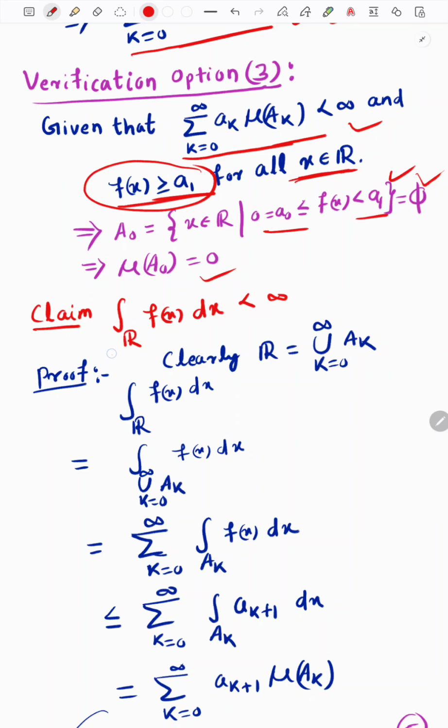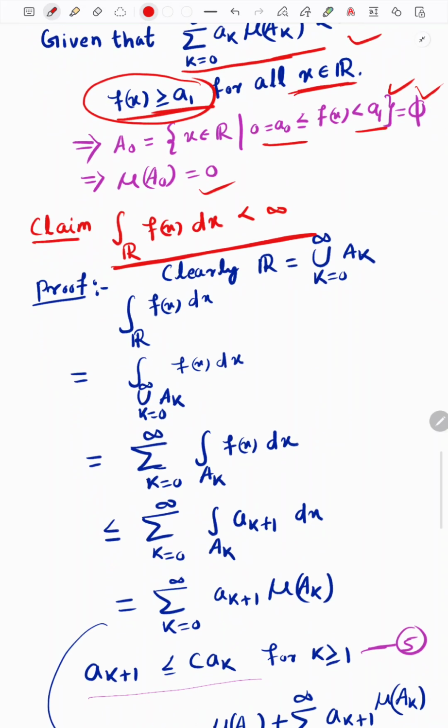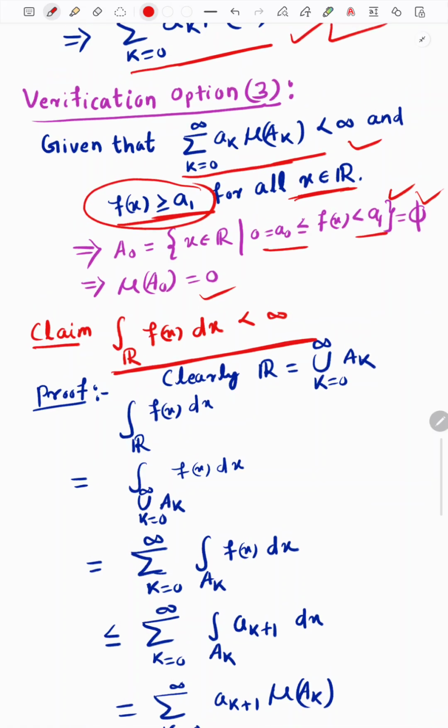But our main target is to show that this integral value is finite. Means f is Lebesgue integrable, we have to show. So we have to show that this integral value is a finite quantity. But we know that if you take the union of all the AKs, what does it give? The real number set, and these all AKs are disjoint sets.